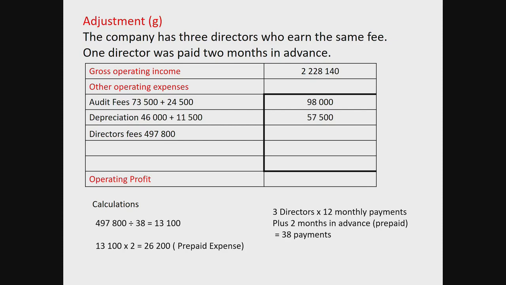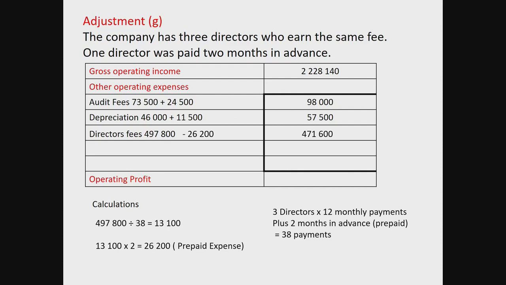Okay, so if it's prepaid, so that will be in your calculation block. And if it's prepaid, you have to minus. So next to director's fees, we're going to go 497,800 minus 26,200. That will give you a final answer of 471,600.